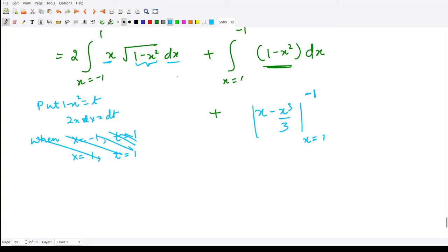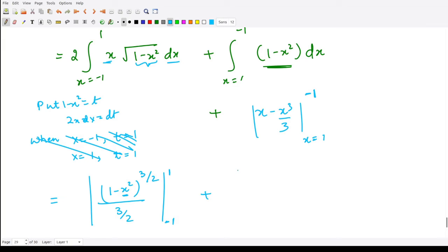So that means its integration would be simply 1 minus x square, with the power. Its power earlier was 1 by 2, it would now be 1 by 2 plus 1, so that would be 3 by 2 divided by 3 by 2. And we have the limits of integration. Let's not change it, so we are keeping it in variable x only. So it would be from minus 1 to 1.